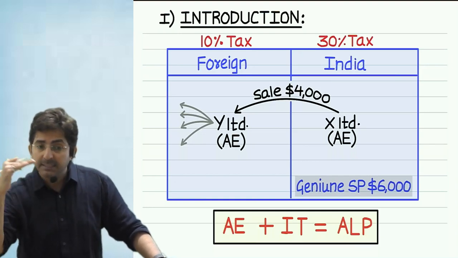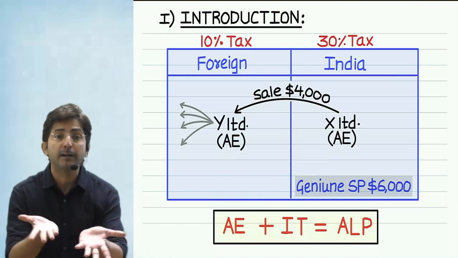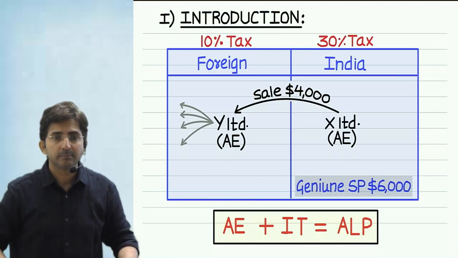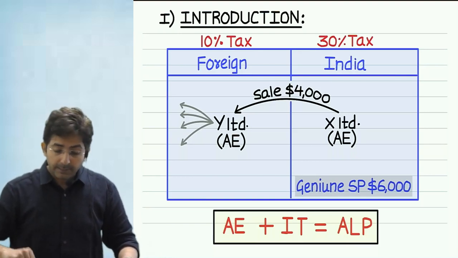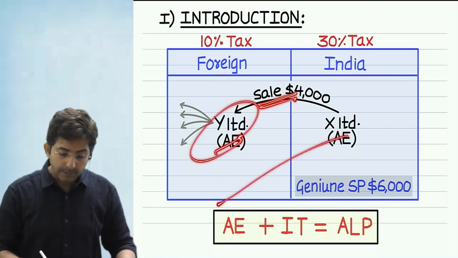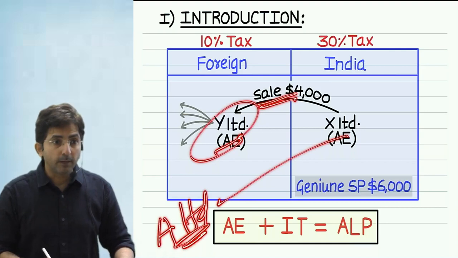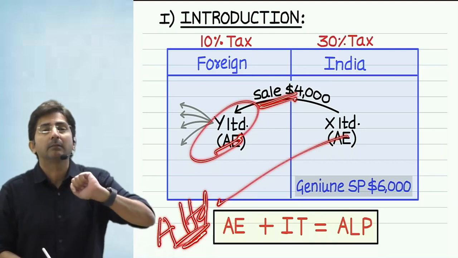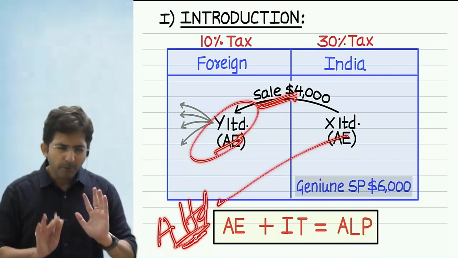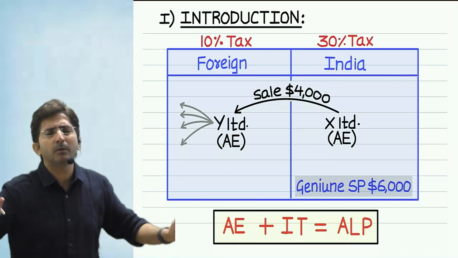ALP is transaction specific. So imagine a big multinational company might have entered into say 20-25 transactions. Sometimes even in sale, one sale is to Y Limited, one sale is to A Limited. Even for these two different types of sale, ALP may be computed, but usually for sale type of transaction, only one standard ALP will work.